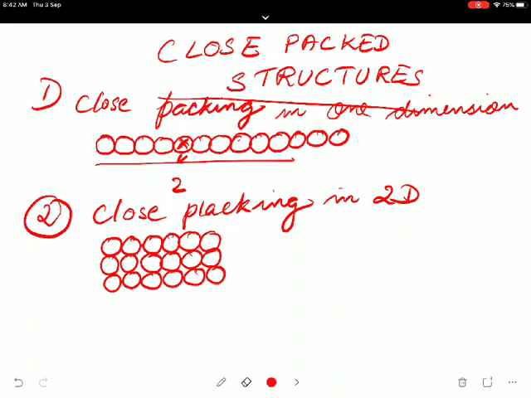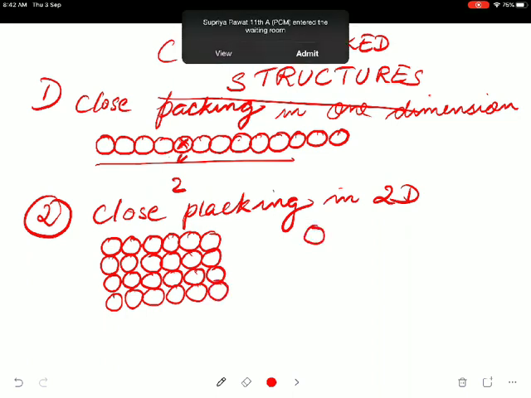This is an inefficient packing, because a lot of gaps are there. A better packing is in this way.